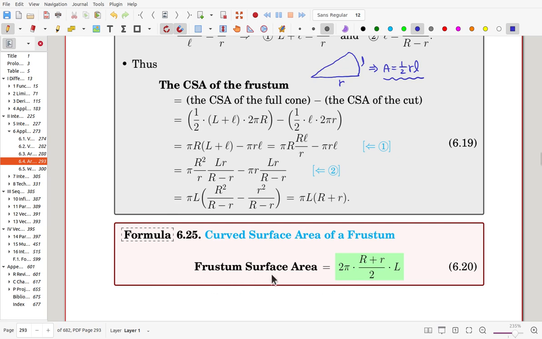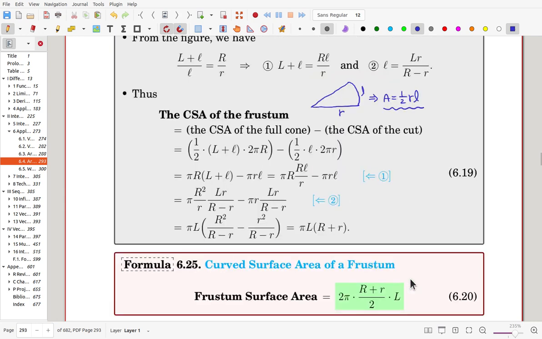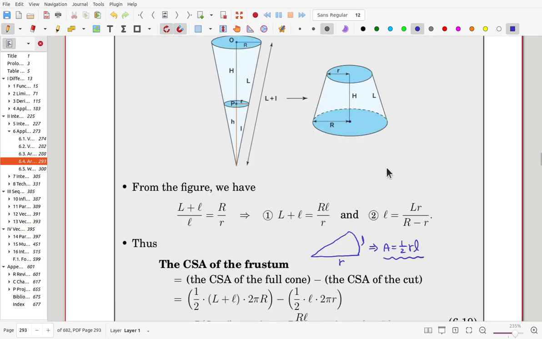The first term of the surface area is 2 pi, and that is the average radius, capital R plus r divided by 2, and L is the side length here. So that is 2 pi times the average radius times that length. So that is the curved surface area of the frustum.